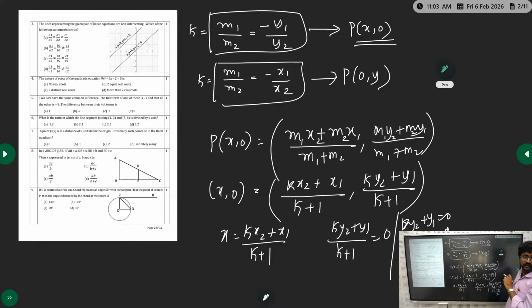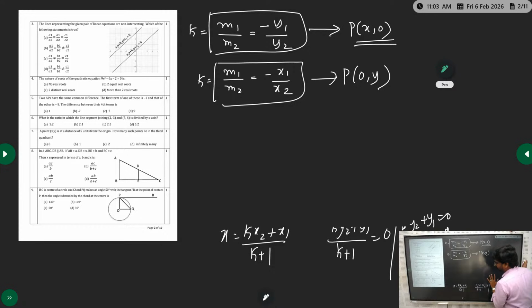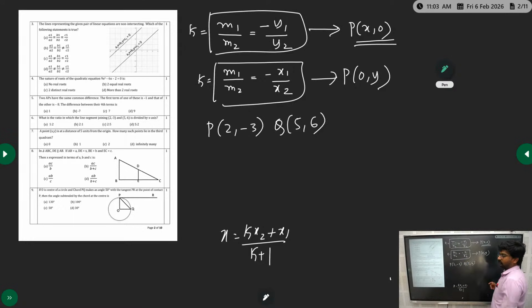The point is lying on the x-axis. Now what are the points here? The points are P of 2 comma minus 3, Q of 5 comma 6. Only these 2 points are there. If you go for the lengthy procedure, 100% more than 2 minutes. Now see, within 10 seconds.